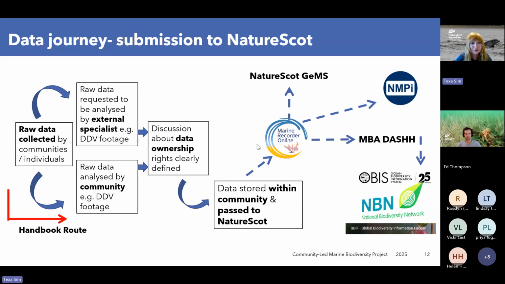Just for some context, we've got the Marine Recorder Online orange and blue logo, and above that it says NatureScot GEMS. GEMS is basically a map that allows you to see your priority marine features as points or as polygons, and also habitat mapping if it's a PMF as well. So you've got a lot of options in terms of where those data can go.